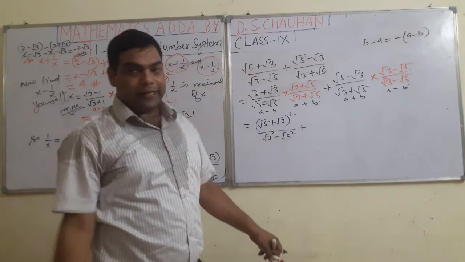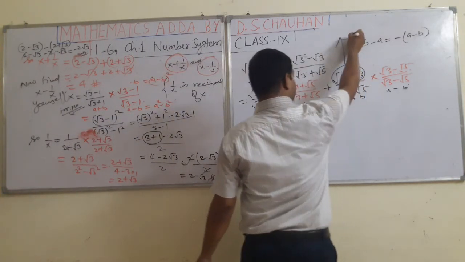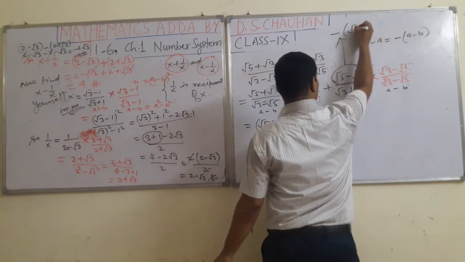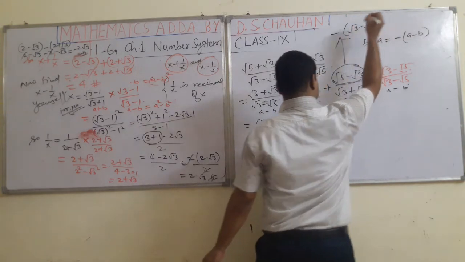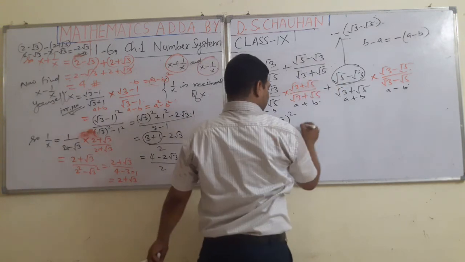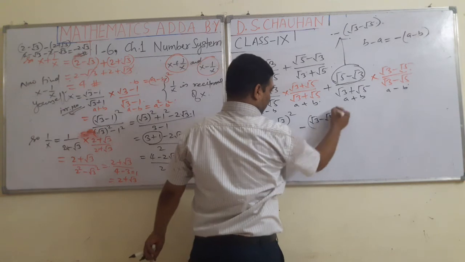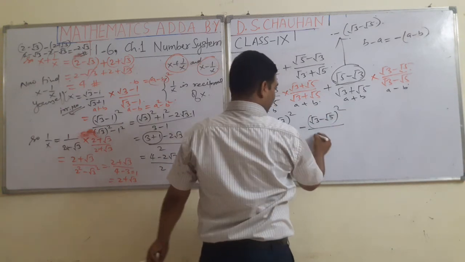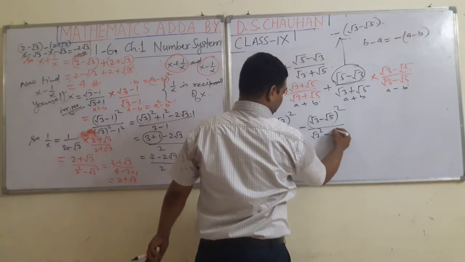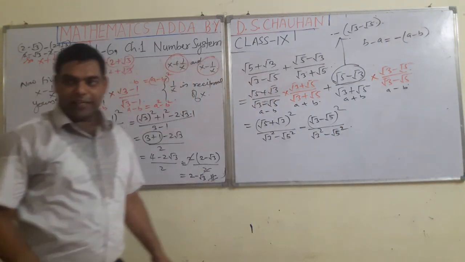So if we take minus common from here, this can be treated as minus of (root 3 minus root 5). So instead of writing plus, we will write plus into minus, minus, it becomes (root 3 minus root 5) to the whole square upon root 3 square minus root 5 square. Is it clear student?